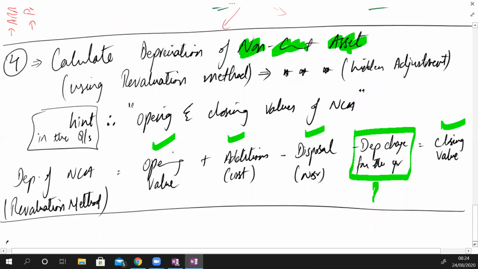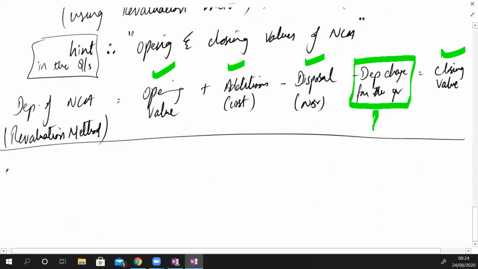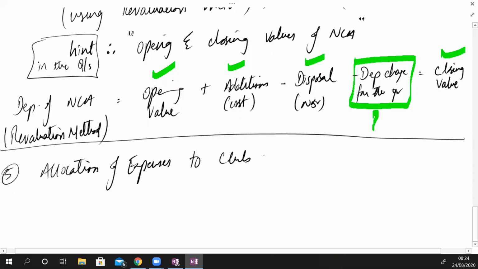Now we look at number 5. Allocation of expenses to club and its profitable activity.